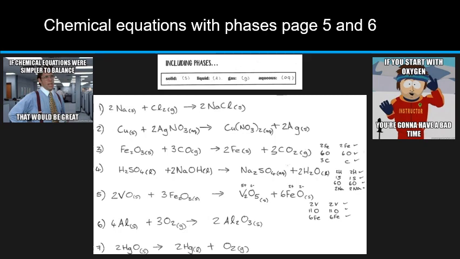If you see the word decomposes, then 9 times out of 10 that is from a solid to a liquid or a liquid to a gas. So have a look at the answers in front of you right now. Double check your phases. The phases are very, very important, guys. And make sure that you have put in your abbreviations for solid, liquid, gas, and aqueous.